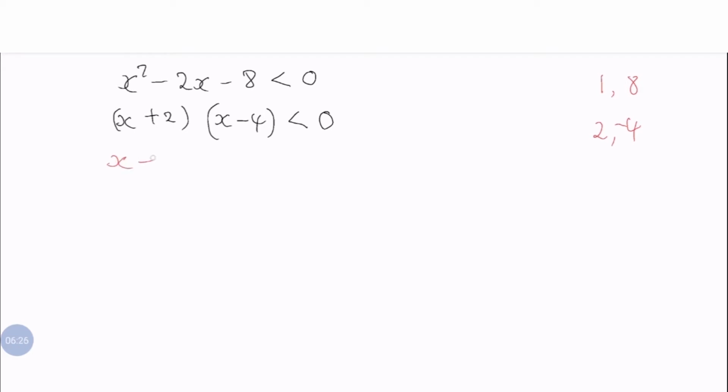If x plus 2 was equal to 0, x will be equal to negative 2. Or if x minus 4 was equal to 0, x will be equal to a positive 4. Now that we have these x values, which are x-intercepts of the quadratic graph, let us plot them so that we can see the structure of the graph and also get to see where the graph is less than 0.